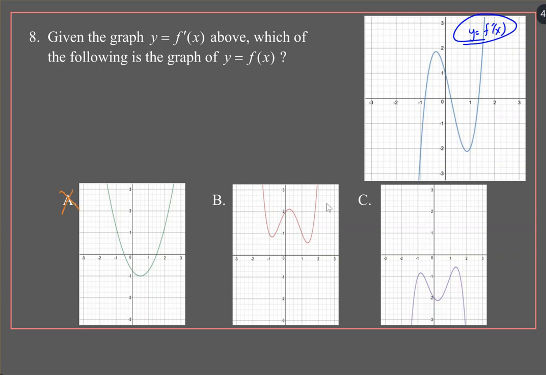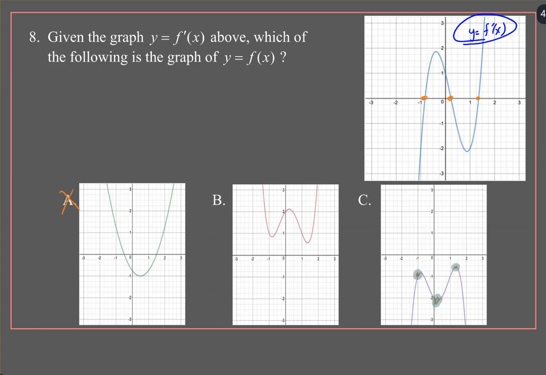The other thing I can see is that these both have maximums and mins at the same points. And they're going to match up with these here. The max and mins are here, here, and here, and all of them line up on those points. So the max and mins really aren't going to help me. We could do a couple of things.